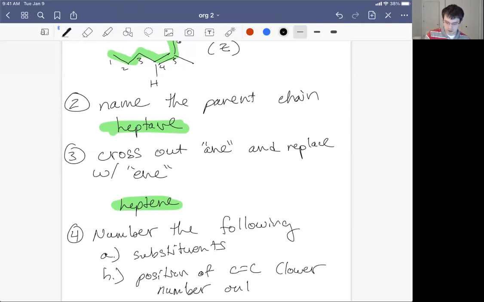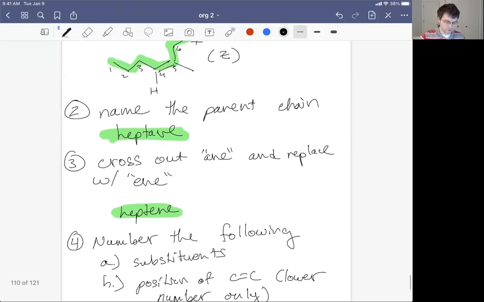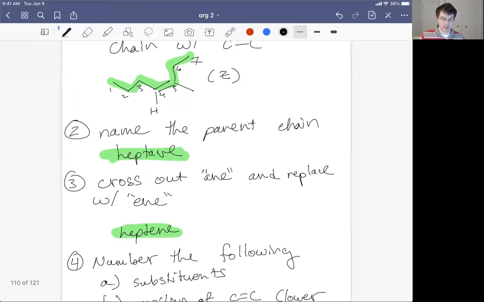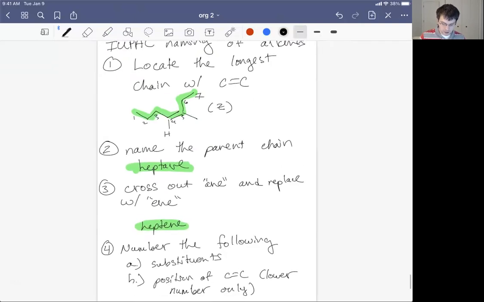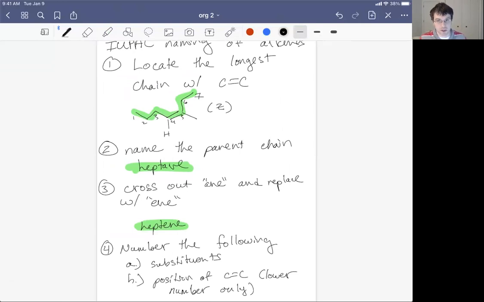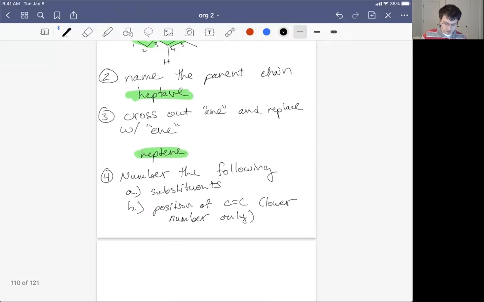Even though it extends across carbons 4 and 5, we would only include the lower number, which in this case looks to be 4. Now, the key thing with numbering the substituents is you want to check both directions and take the lowest numbers.